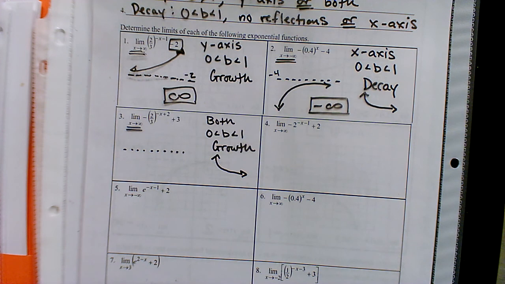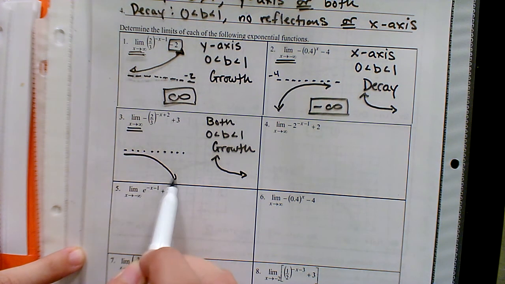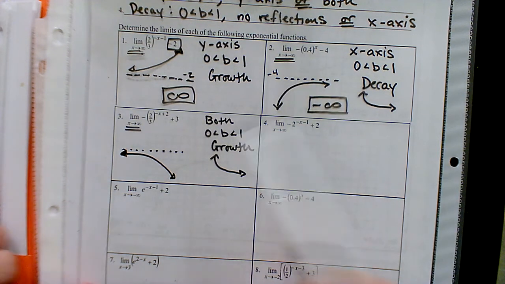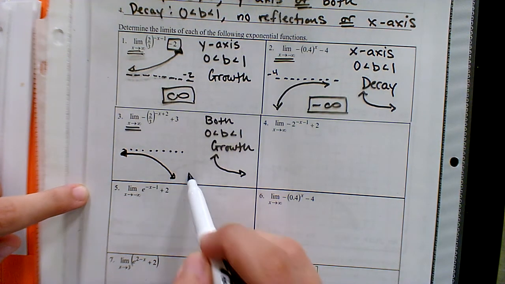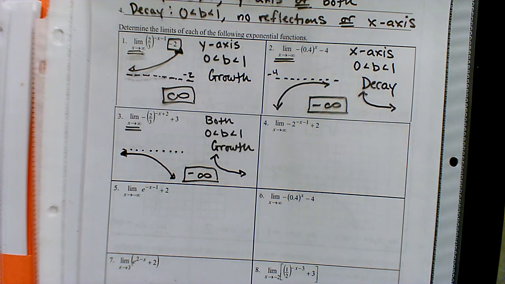And if we have both reflections, we have to flip it over the x and the y. We're going to get something like that. So it looks like as we go off towards the right, our graph goes down forever. Can we visualize both reflections, both flips?